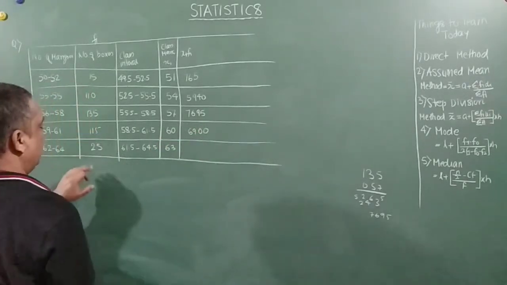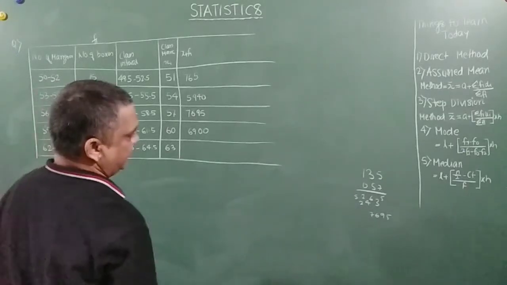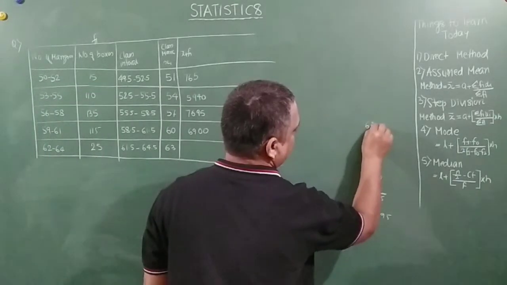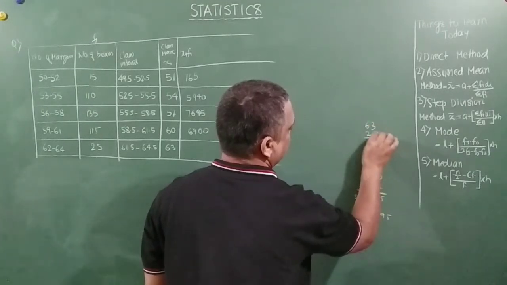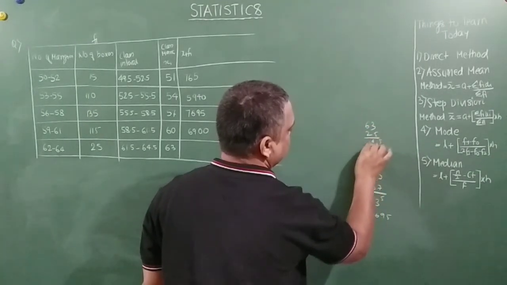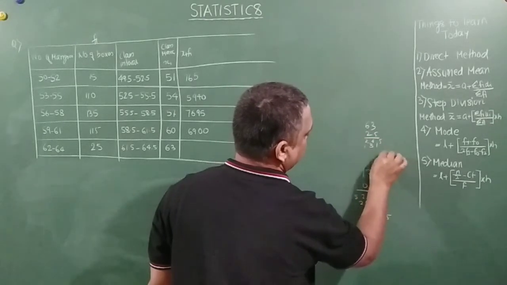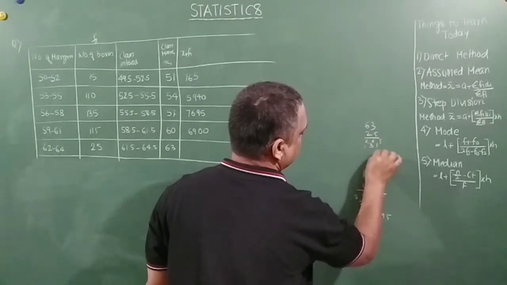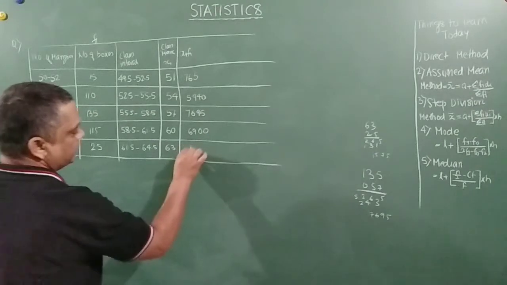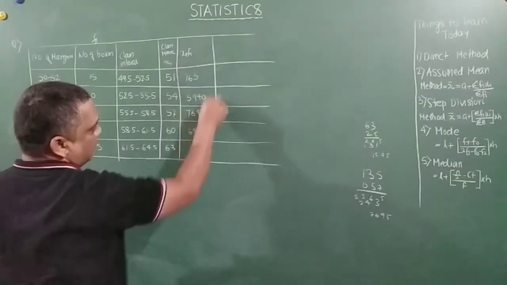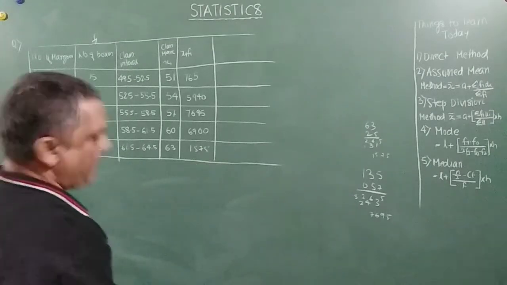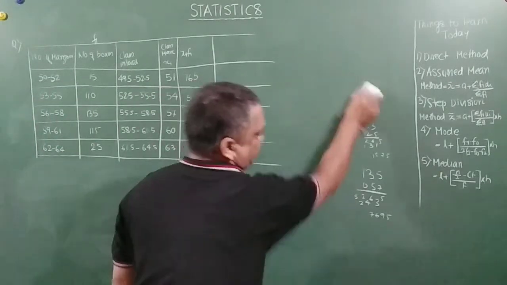Okay, 25 into 63, we can do the same way. 63 into 25, that is 1575. Right. Okay, so I'll write this down.